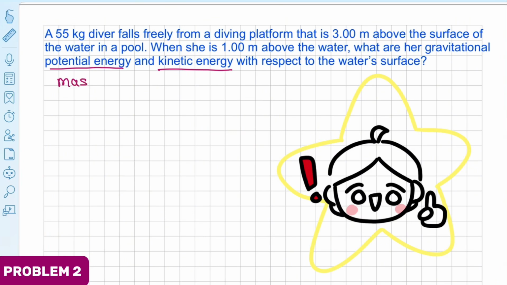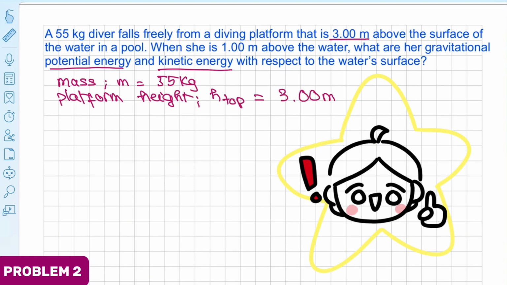We're going to summarize what the question has given. We have the mass, m is equal to 55 kilograms. h at the top is equal to 3 meters. h will be 1 meter above water.